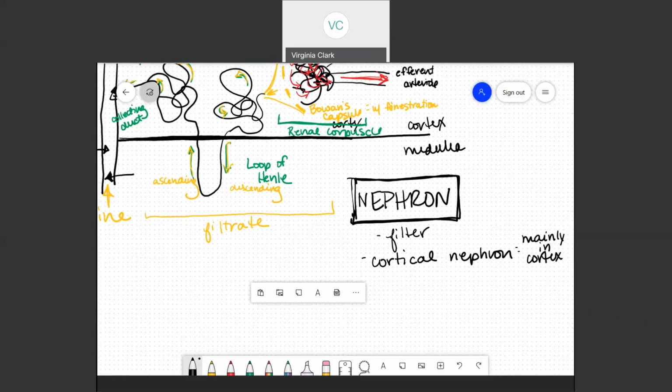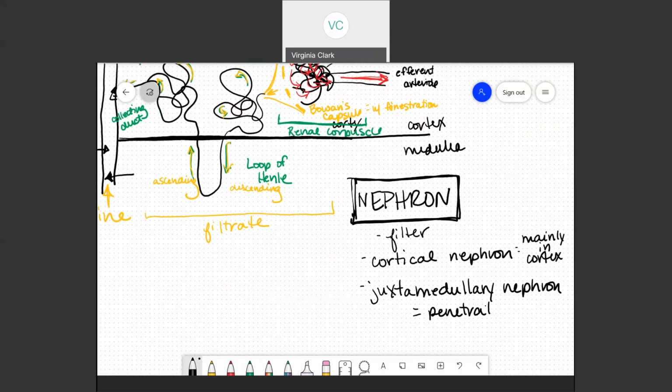But then you're also going to have one called the juxtamedullary nephron. This one will be further in, and it will penetrate the medulla. So a large chunk of the loop of Henle will fall into the medulla.